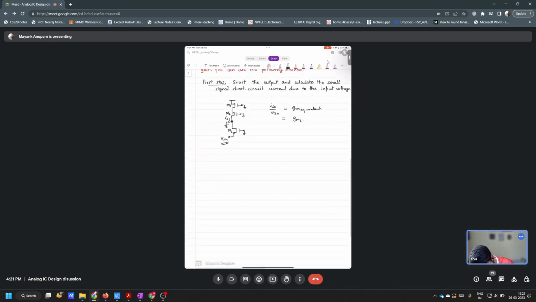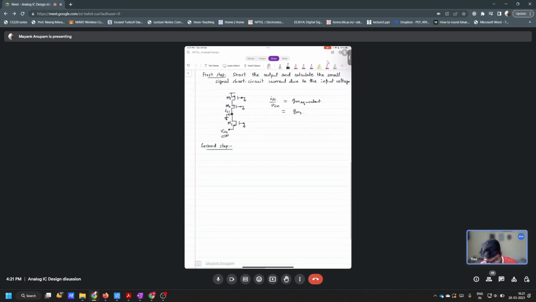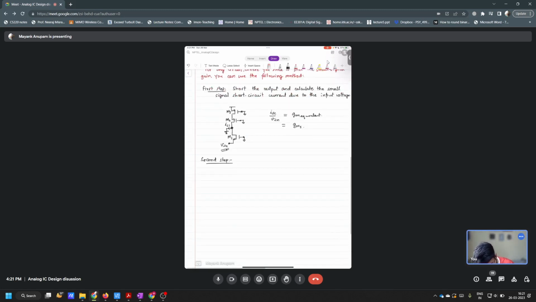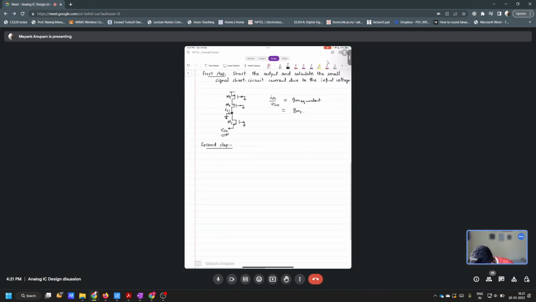Now the second step: we short the input and find the output resistance.